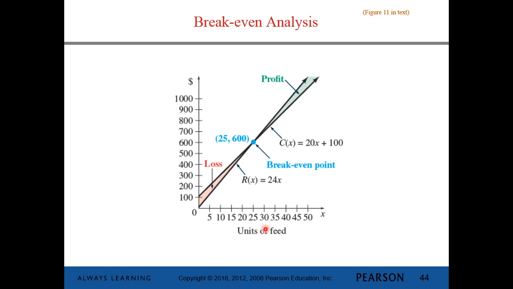And so here, what if you're in this area here? What if your price is in this area? Okay. Well, if your price is here, then you're going to be operating at a loss.